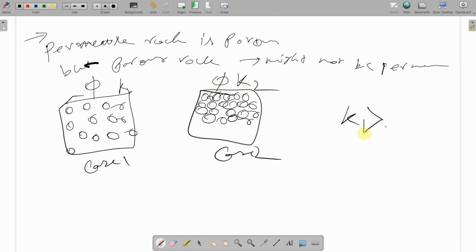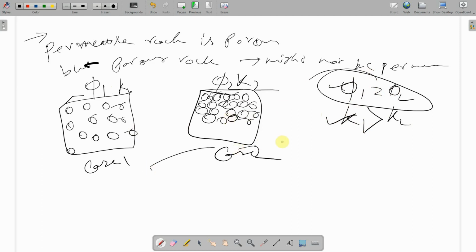Phi1 could be equal to phi2, but in this case K1 will be greater than K2. So porosity could be the same for both rock samples, but permeability can change depending on the interconnectivity.